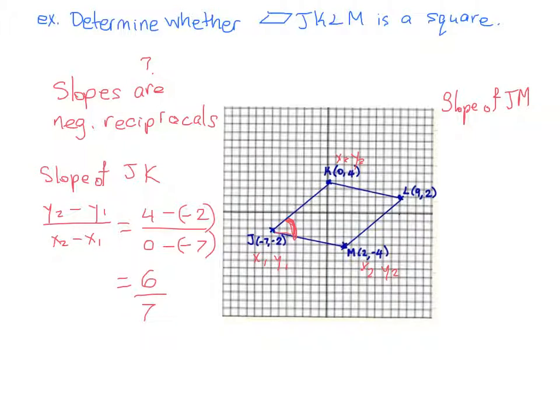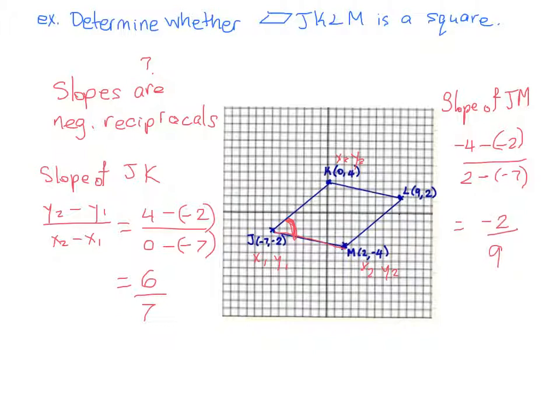I'm trying to figure out the slope of that line now. All right, so y2 is negative 4 minus y1 which is negative 2, over x2, which is 2, minus x1, which is negative 7. And so at the top, we get negative 4 plus 2, which is a negative 2, over 9.